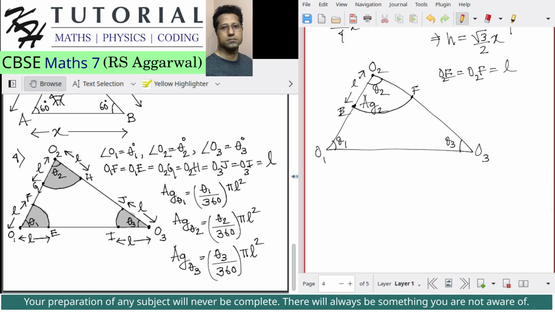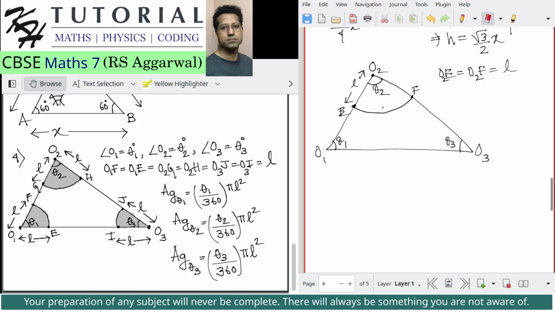A G theta 1 means the maximum area the animal can graze when it is tied at the vertex O2, where the angle at the vertex O2 of the triangle is theta 2.